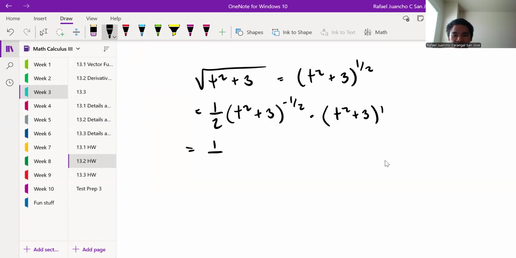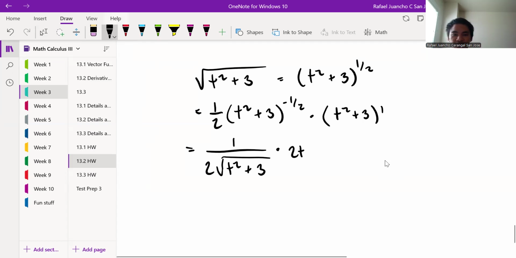If I continue, I get 1/2 over the square root of t squared plus 3. Because it's a negative, I put it down, the exponent becomes positive, and then I turn it back into a square root as I won't be needing it anymore. I multiply it by the derivative, 2t, and I can cancel out the 2. So I get this.